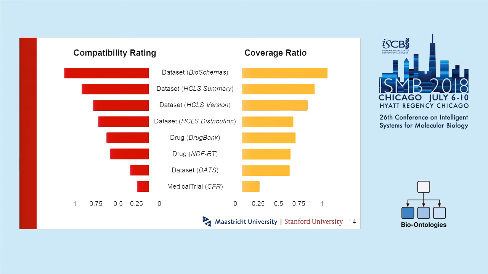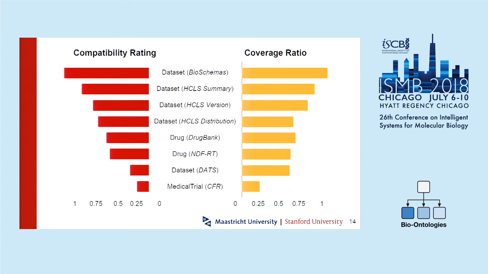This is the kind of information that we would like to provide to data providers to see how well schema.org can be applied to their data specifications. At the top you have the Bioschemas dataset. It has a complete, perfect score for compatibility rating and coverage ratio. It's not surprising because Bioschemas works together with schema.org.